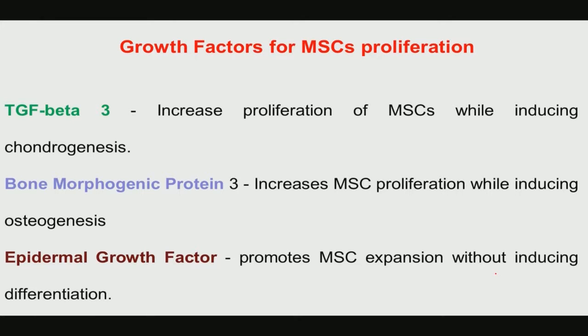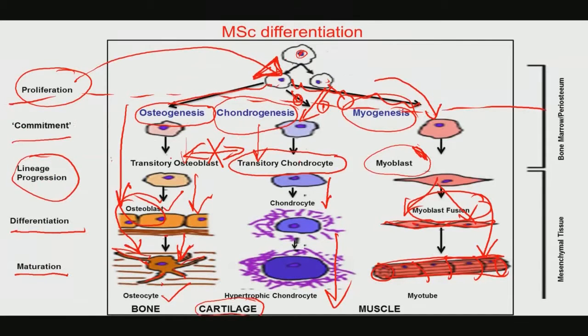In many books it is also mentioned like this. It increases the proliferation of mesenchymal stem cells while inducing chondrogenesis. Chondrogenesis is the second lineage that I have mentioned.